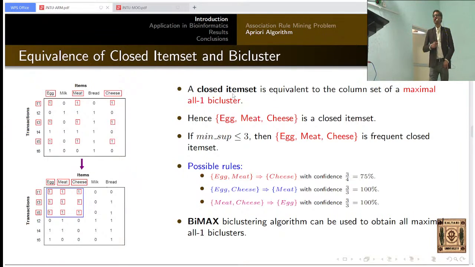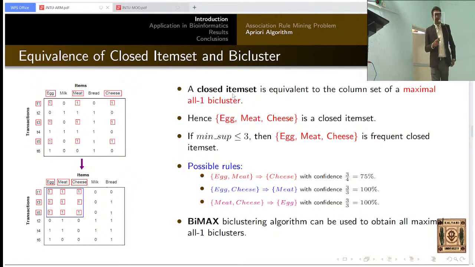And from the closed item sets, we will discard all the closed item sets which are not frequent. So this is a much easier way to get all the frequent closed item sets than going through the apriori algorithm, finding all the frequent item sets and then finding the closed item sets. Instead of doing that, we are directly finding all the frequent closed item sets.